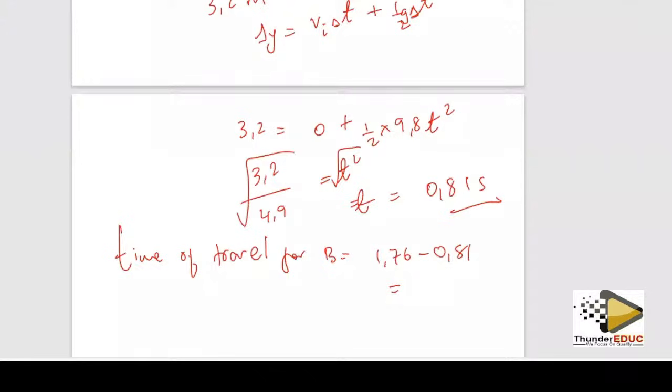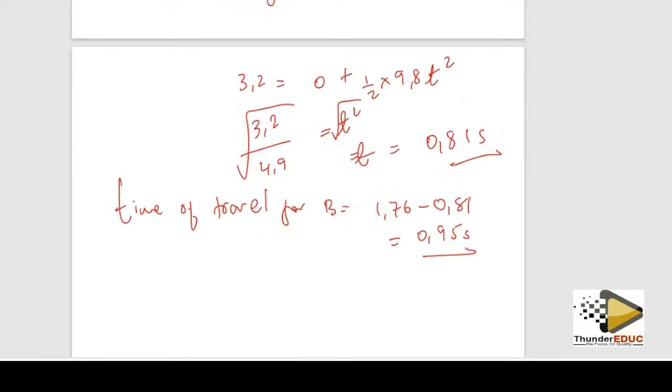So we said 1.76 minus 0.81, and that gives me 0.95 seconds. Now, remember the question wants the initial velocity for B.